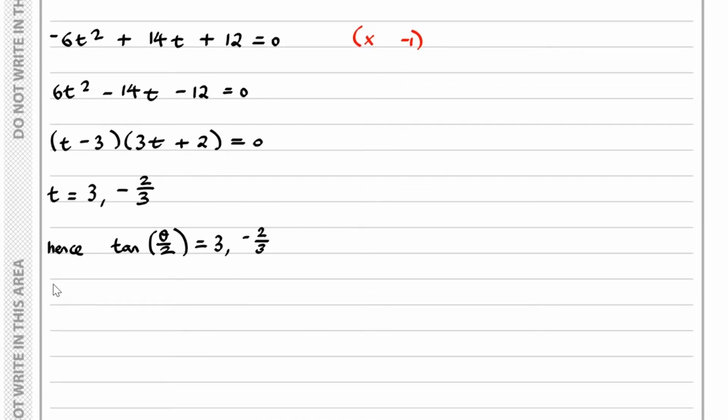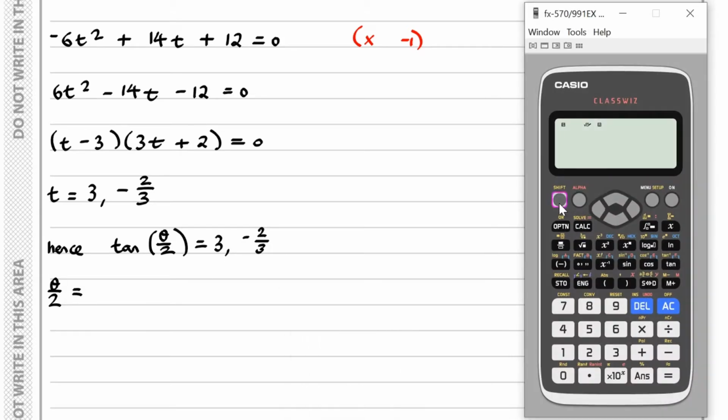So theta upon 2 is equal to, if we grab our calculator, making sure we're in degrees, the inverse tangent of 3, that would be 71.56, etc. And the inverse tan of minus 2/3 is minus 33.69, etc. When we multiply that value by 2, we'd end up with a value smaller than 0, so we have to add on 180 degrees.